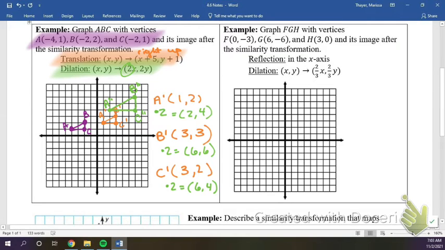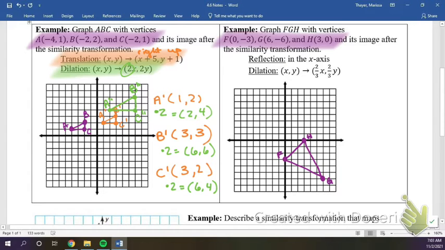This next one, I'm going to go ahead and plot my original in purple. Okay, we've got two transformations.